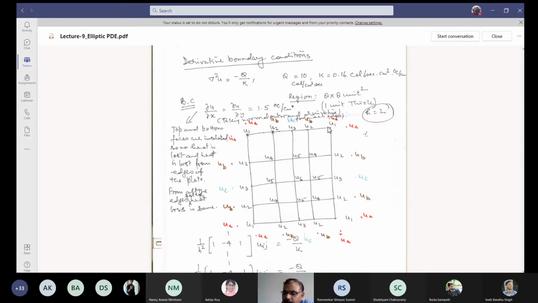Let us say y prime 0 equal to a, and the other end is also there. If it is y prime 0 equal to a, how will you do that? The discretization for y double prime equal to f(x) will be y(k+1) minus 2yk plus y(k-1) equal to h squared f(k).